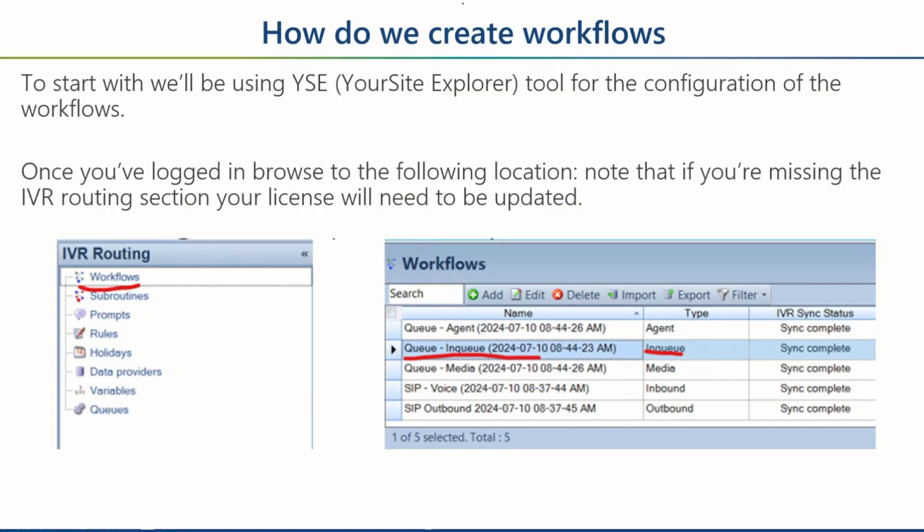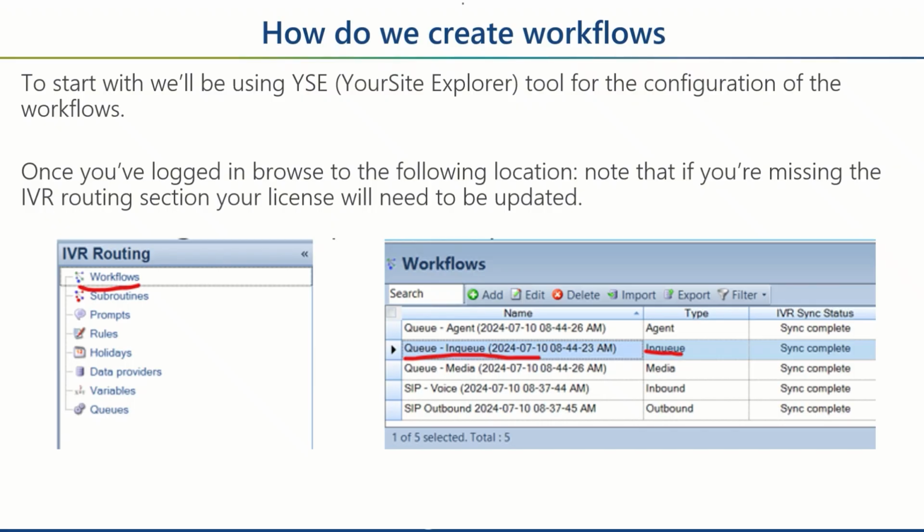So if this option seems to be missing, it's likely because your license doesn't include the IVR routing license type. If you don't see your IVR routing tab in the lower left-hand corner of your site explorer, your license simply needs to be updated to grant you access to that function.